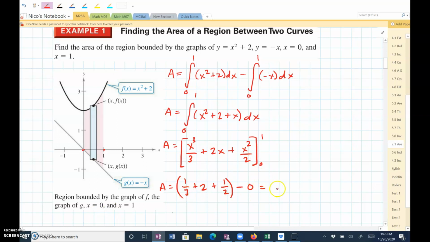The common denominator is 6, so this would be 2, 12, and 3 over 6, giving 17 over 6, units squared. That would be the area.